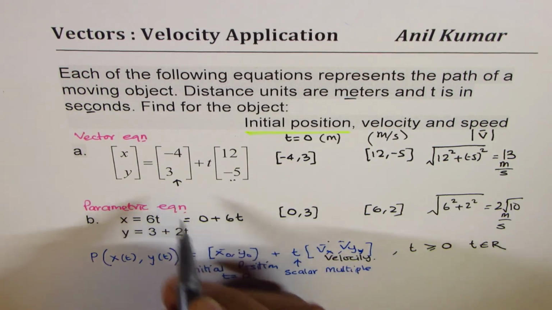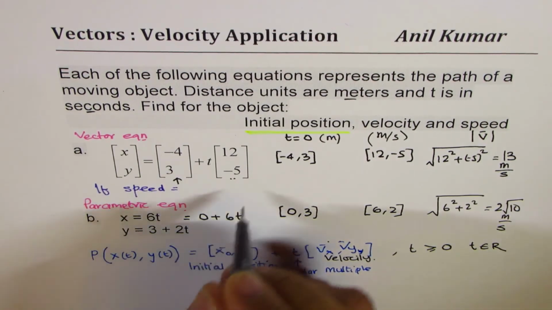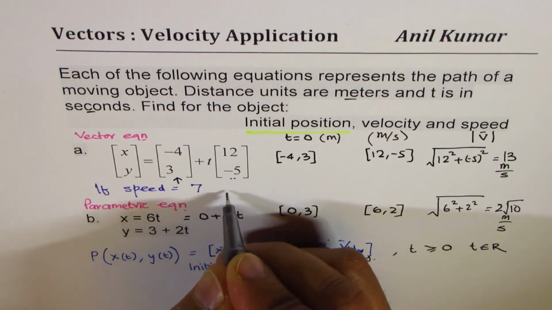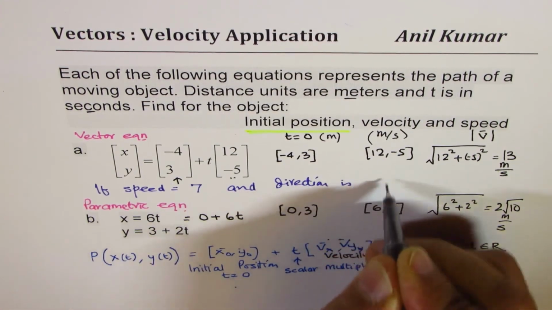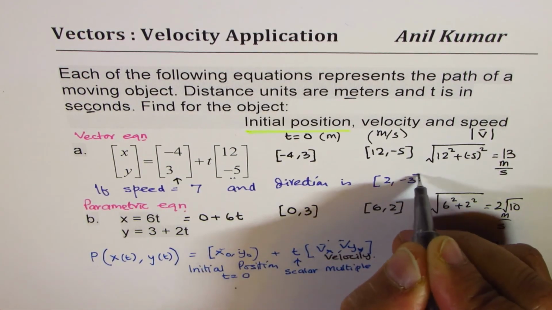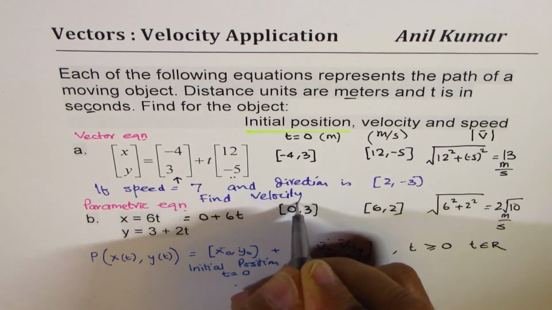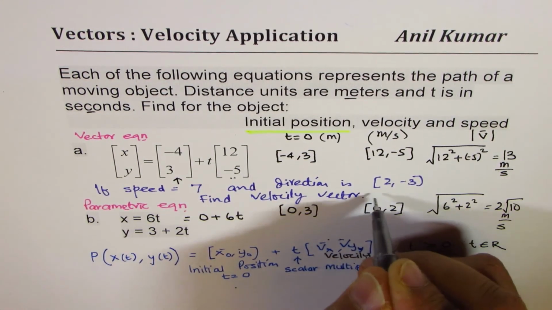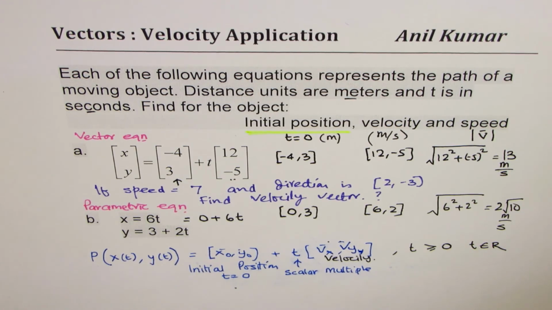Here we'll say, if speed equals, let me just write one number here, 7, and direction is, let's say, 2, minus 3, find the velocity vector. Okay, so that is the type of question we'll take up next, and then we'll take more complicated examples based on our applications in relating displacement, position, velocity, and time.